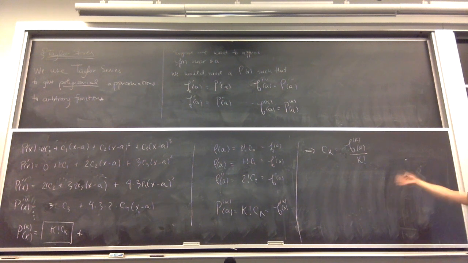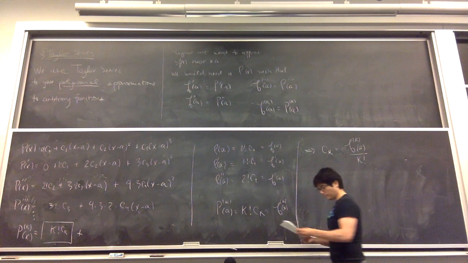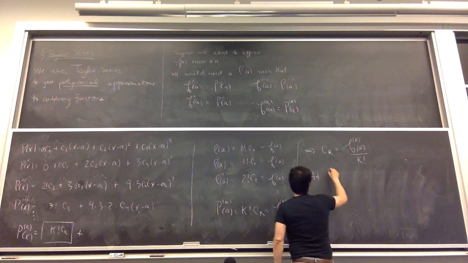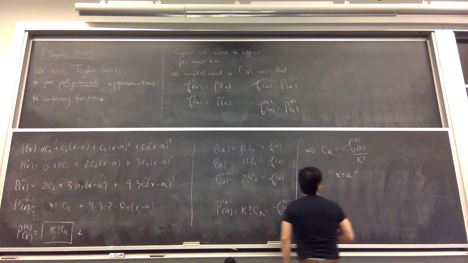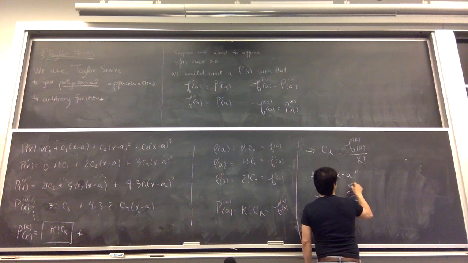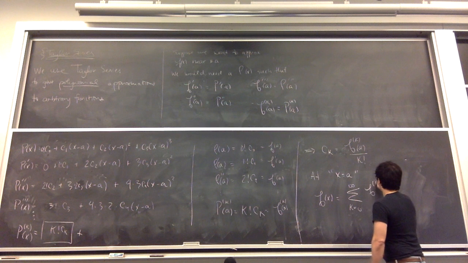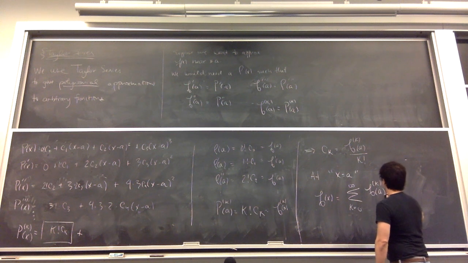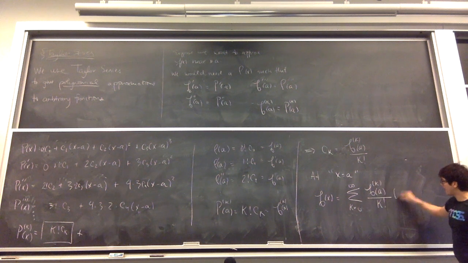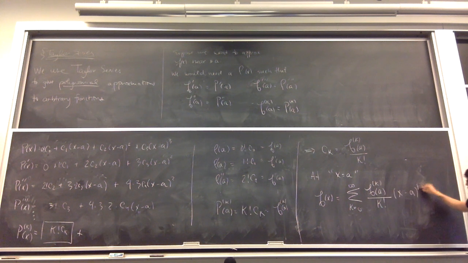I can actually go backwards and solve for these coefficients, which means that around a, f of x is equal to, in some sense, the sum from k equals 0 to infinity of the kth derivative of f evaluated at a over k factorial. And remember, these were coefficients, so now I have to add back in our unknown. Taylor series.